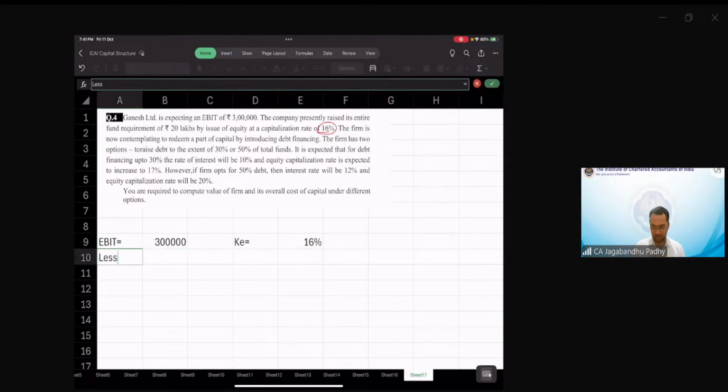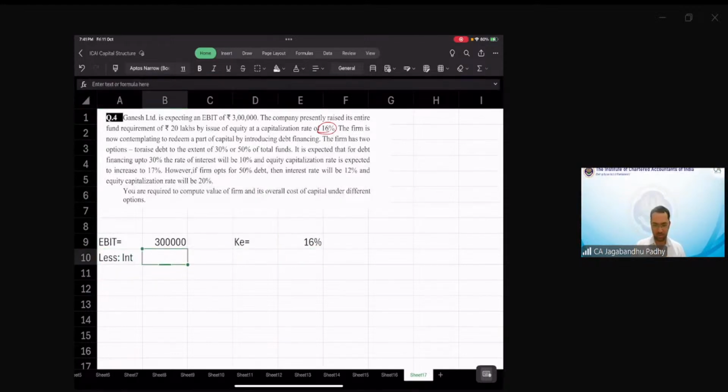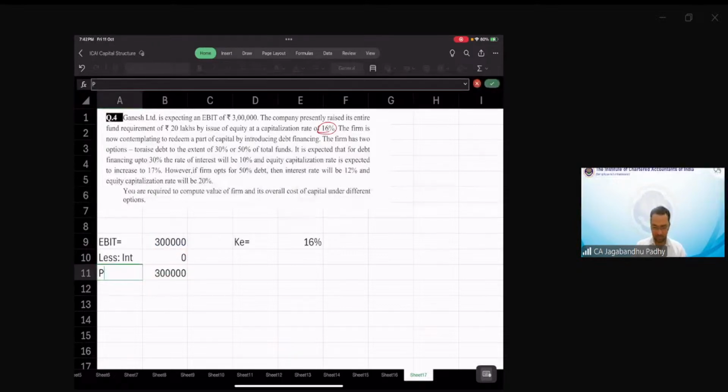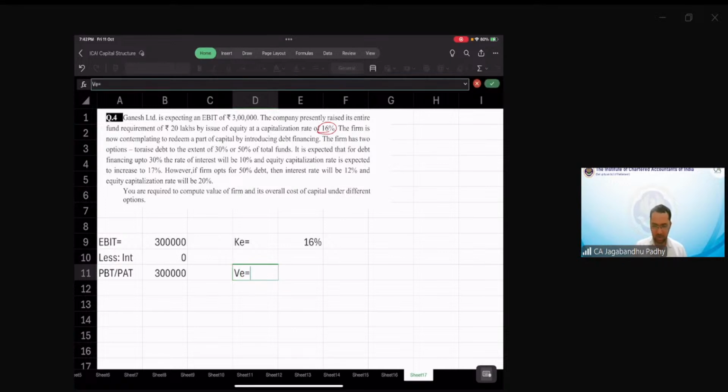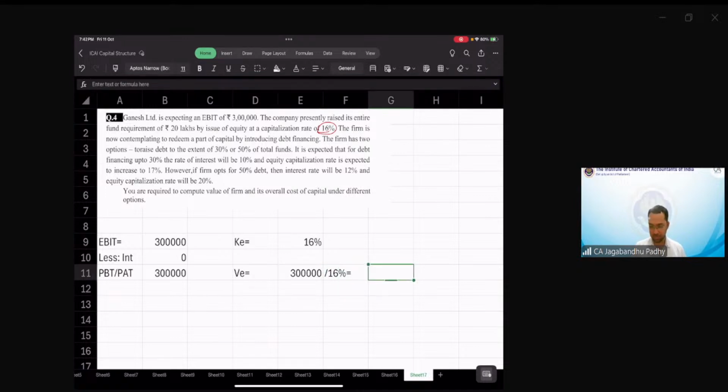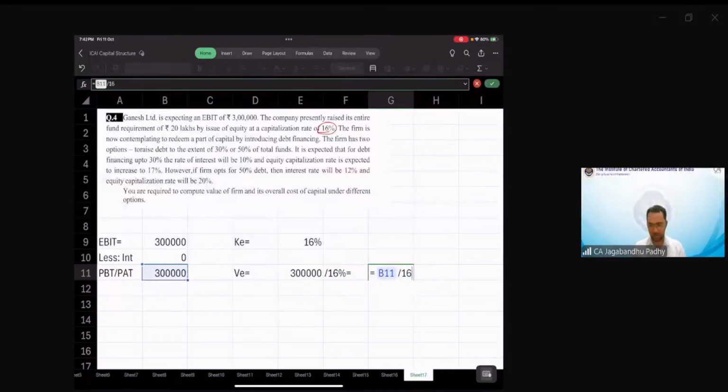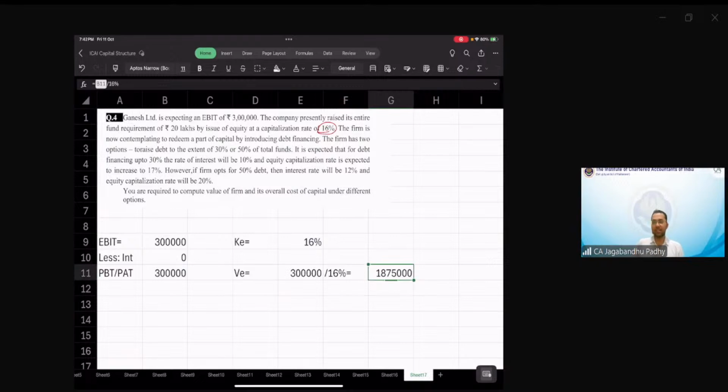Now, since we don't have any interest in this case, you can get the profit before tax as 3 lakh minus this, and this PBT itself is our profit after tax. So since KE is 16%, the current value of the equity will be 3 lakh divided by 16%, which is 18 lakh 75,000.